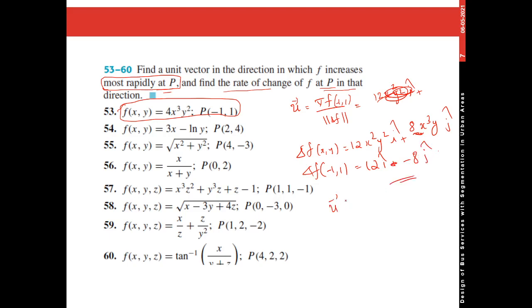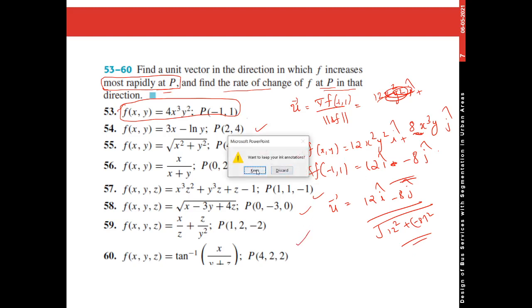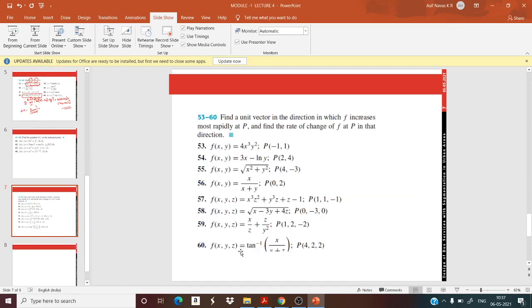So u is del f, which is 12i minus 8j, divided by the norm of del f, root of 12 square plus minus 8 whole square. So this is the direction in which it is maximum. Okay, similarly you do these problems. I will share these questions in your WhatsApp. Okay. So is it clear?